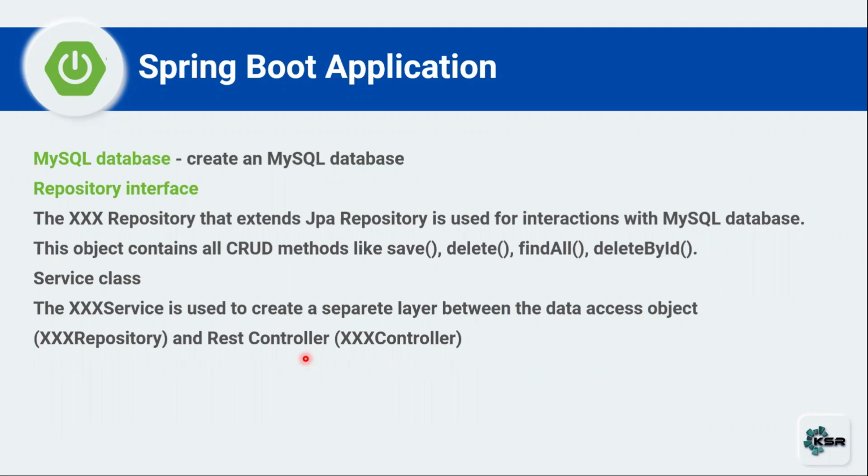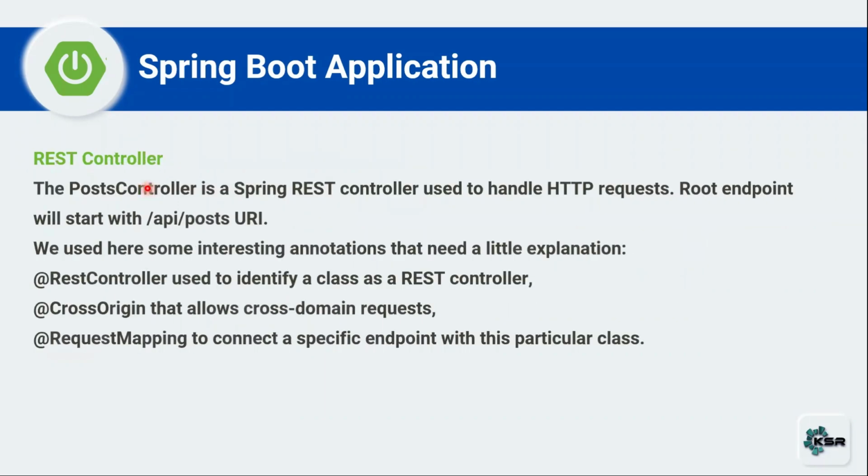And then we use a repository, which is a layer in between, where when we send out a request to save the data, right, it is going to create one more layer between Data JPA and MySQL. And REST controller, this is about, when we get into the deep dive, we'll see all these things like what is a REST controller, cross origin, request mapping, right?